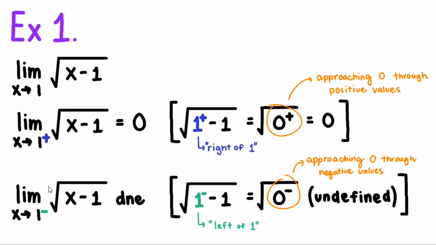Since these two limits are not equal, and in fact the other limit does not exist, we conclude that this limit does not exist. So that is how we can get the limit of a radical function that has an even index. We can use the concept of one-sided limits to obtain it.